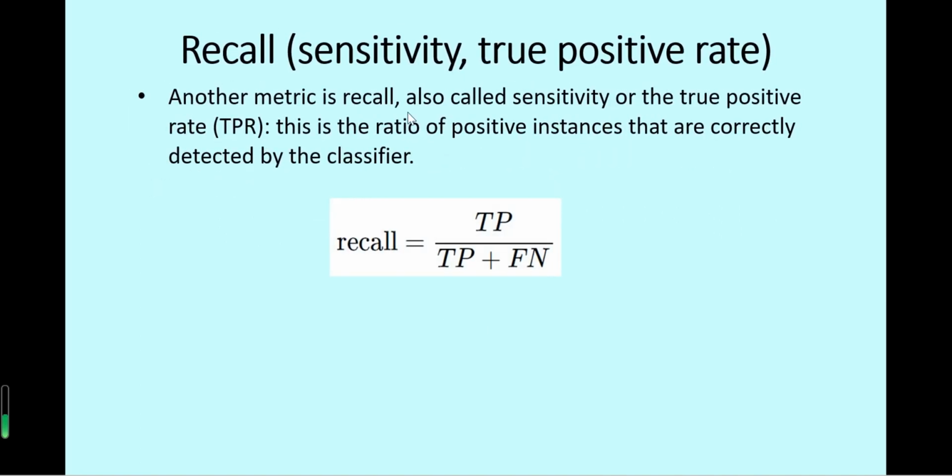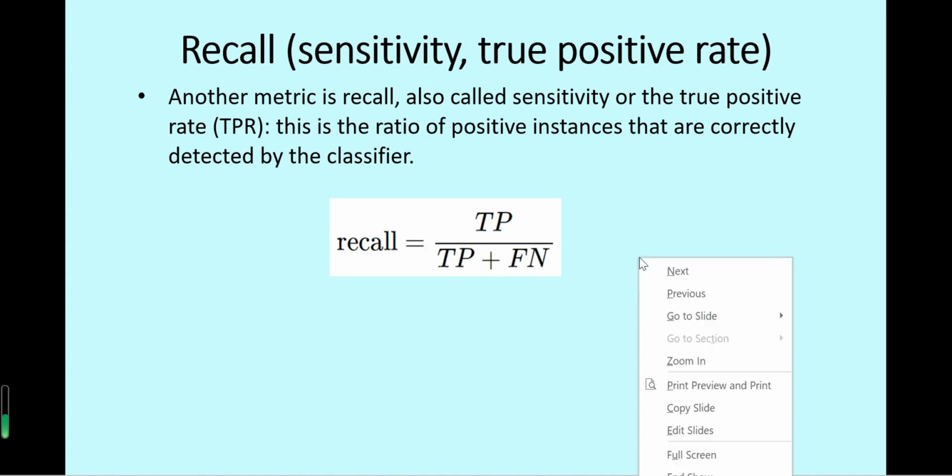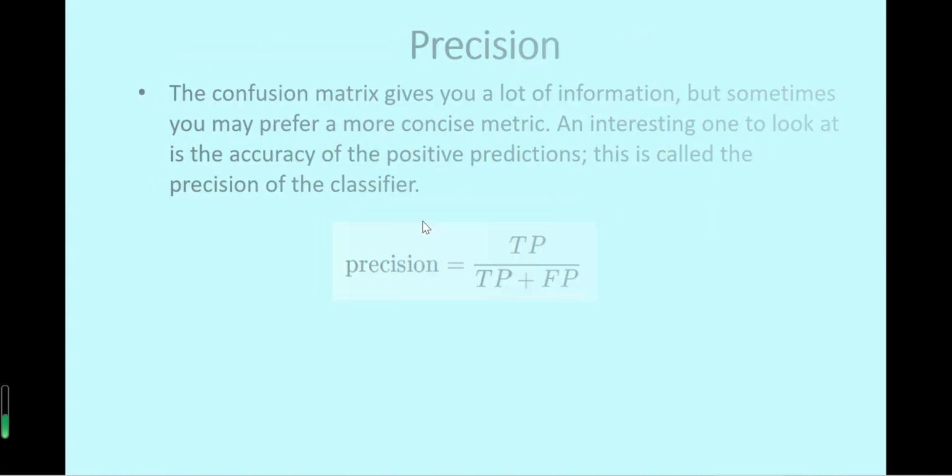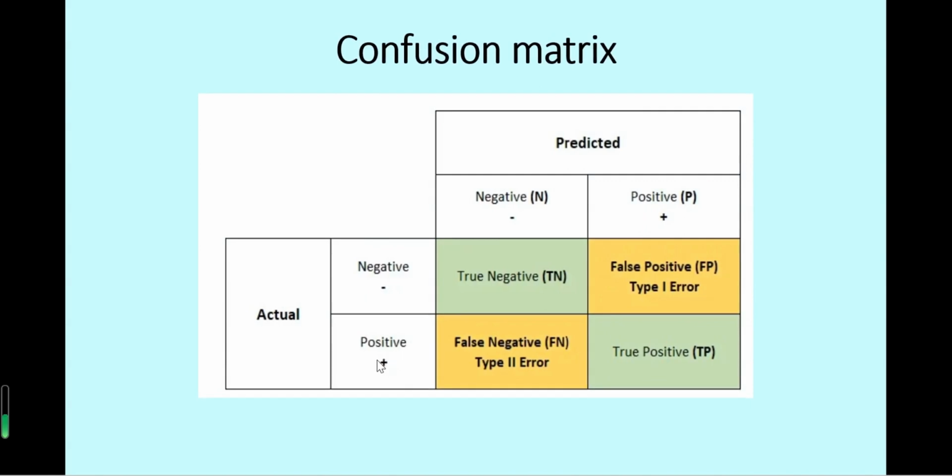Another metric is called recall, also called sensitivity or the true positive rate. This is the ratio of positive instances that are correctly detected by the classifier. The formula for recall is true positive divided by true positive plus false negative. The recall is the idea I talked about: how many criminals have been found, have been caught.